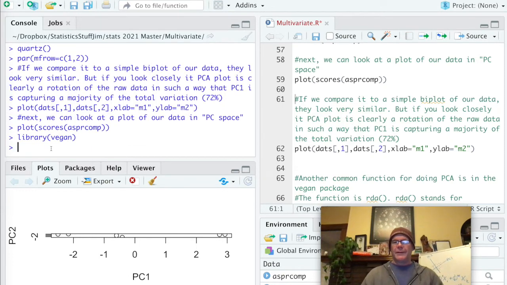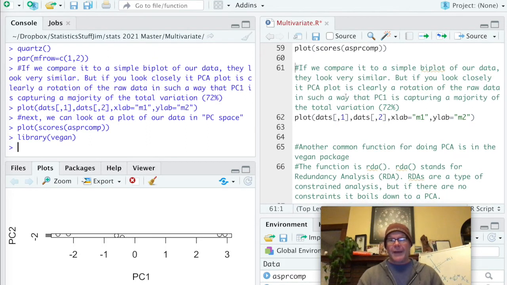So we got vegan now loaded into our workspace. And there's a function that we can use within vegan to do a principal components analysis. And that function is going to be called RDA. And RDA stands for redundancy analysis.